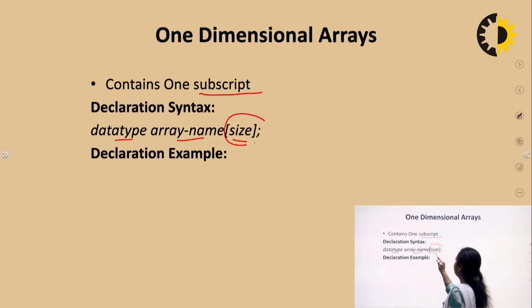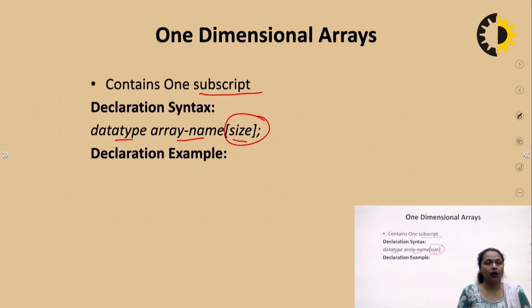So here you can see there is only one subscript, which means our data will get stored in a single column. We will have one single column for storing the data, or a single row. In whatever format we are storing the data, either row wise or column wise, we will have only either a single row or single column for storing the data.